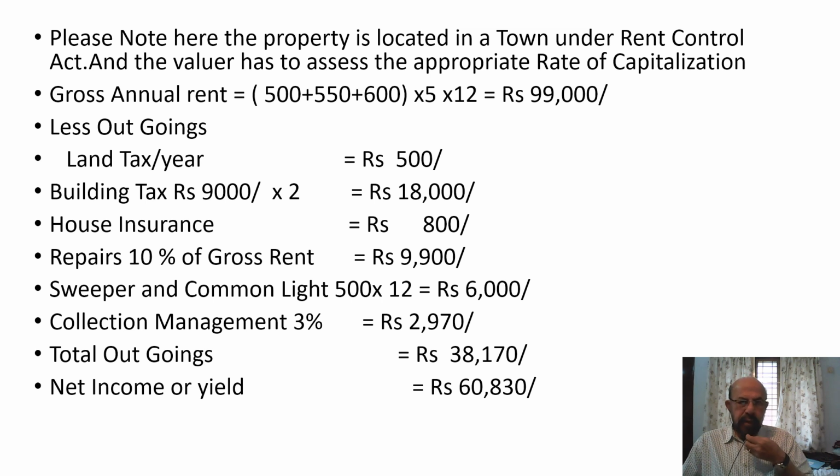Please note, here the property is located in a town under Rent Control Act and the valuer has to assess the appropriate rate of capitalization. Gross annual rent is equal to (500 plus 550 plus 600) into 5 into 12 is equal to 99,000.